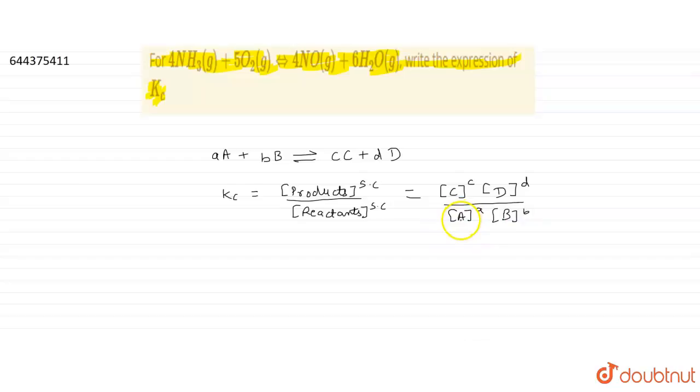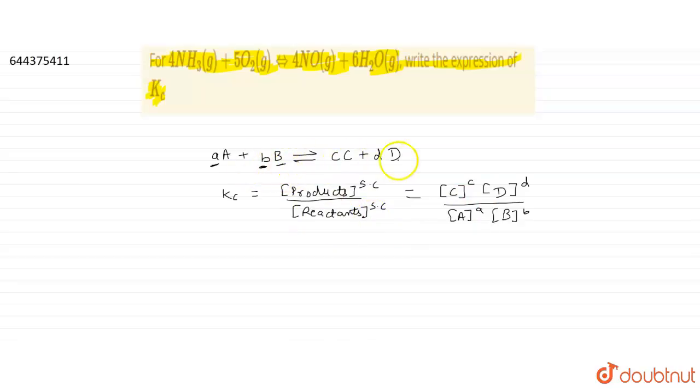Here small a is the stoichiometric coefficient of capital A, which is a reactant, into concentration of capital B, which is also a reactant. So it will be concentration of capital B to the power stoichiometric coefficient of capital B, that is small b. So this is a general Kc expression for this general reaction.